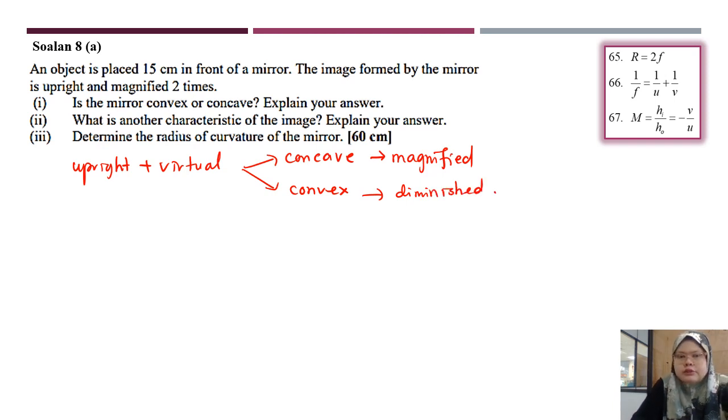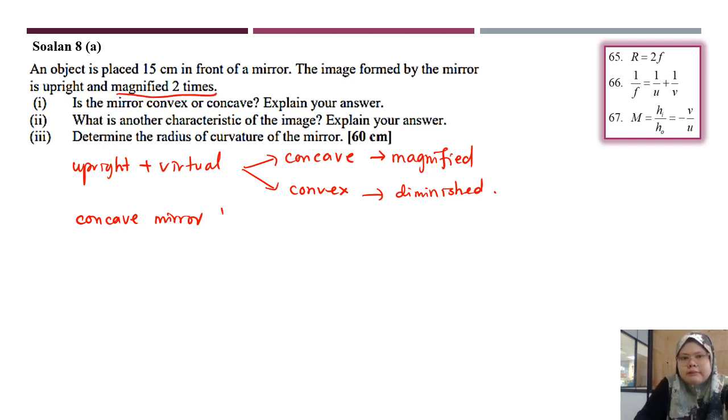Okay, alright. So jadi bila dia tanya is the mirror convex or concave, so you kena cakap the mirror is a concave mirror. Sebab apa concave mirror? Sebab image yang terhasil tu magnified 2 times.